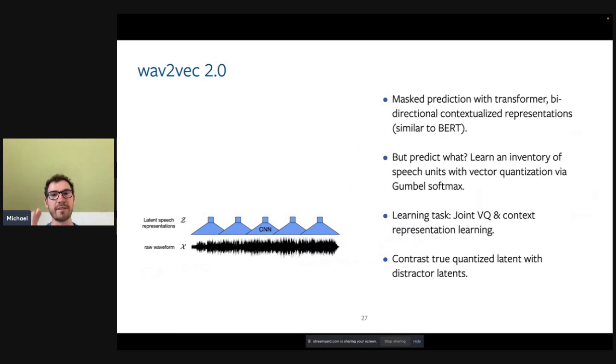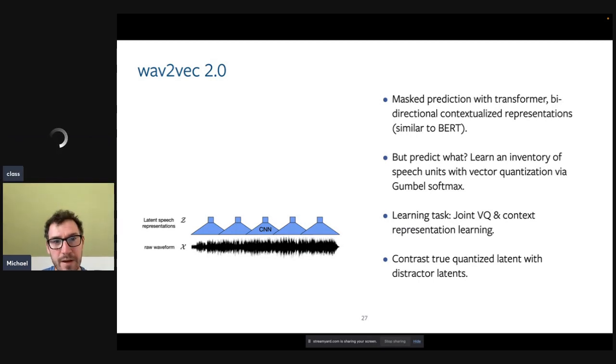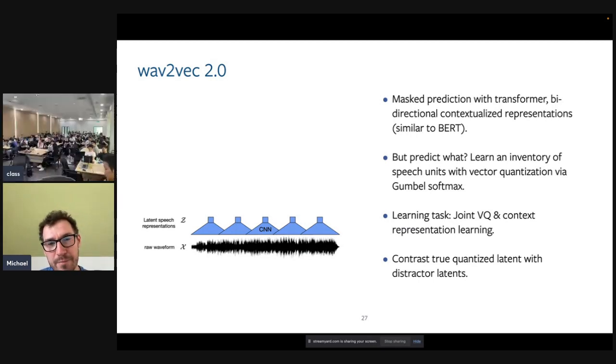It takes a 16 kilohertz speech signal, so that means 16,000 numbers indicating the frequency, and that is being downsampled to 20 milliseconds. So it's 50 hertz. This CNN really is sort of a bottleneck and gives us a vector every 20 milliseconds.